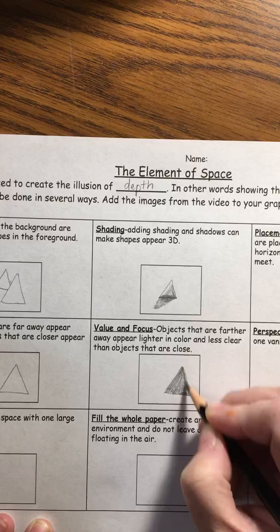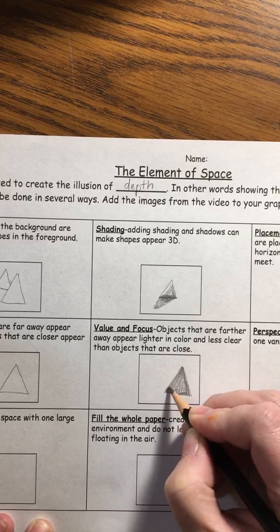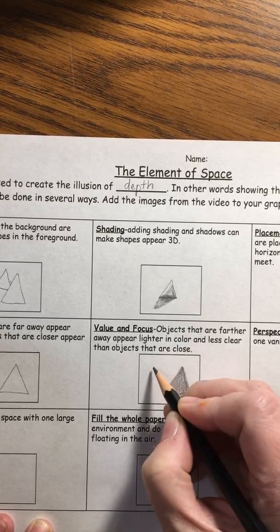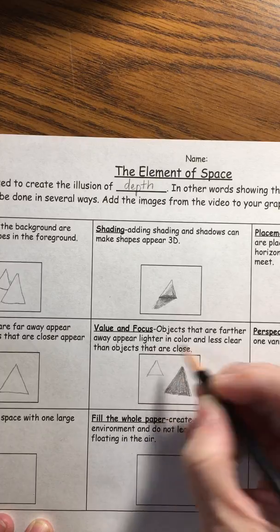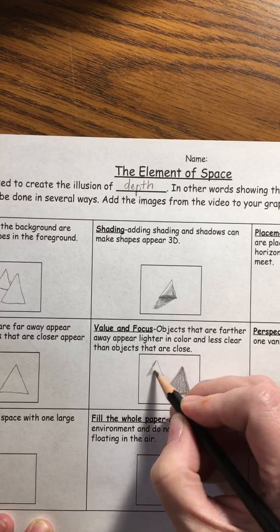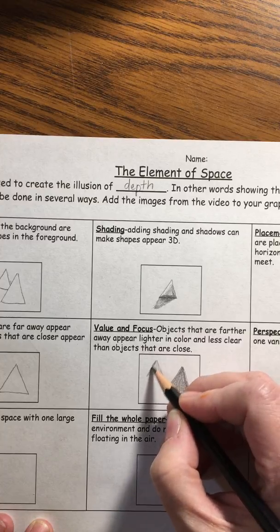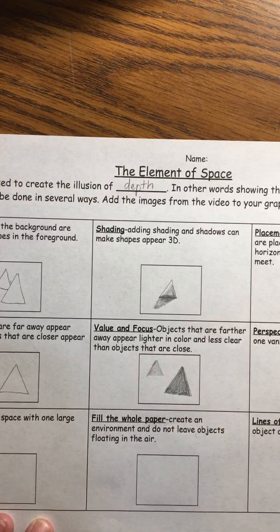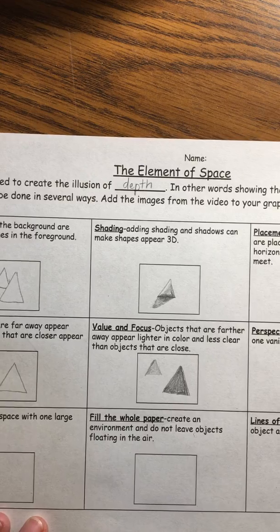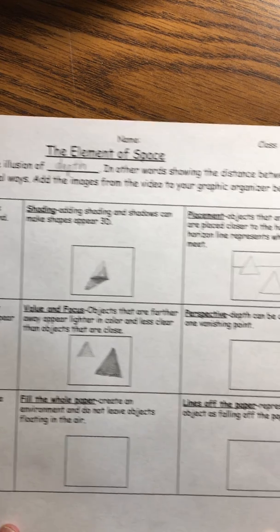So the ones up close, they're darker, more focused, and the ones in the distance may be more blurred and lighter. And again, it just gives the illusion of some depth.